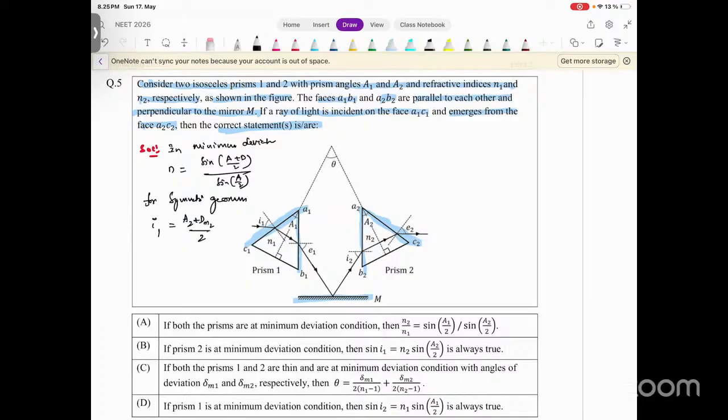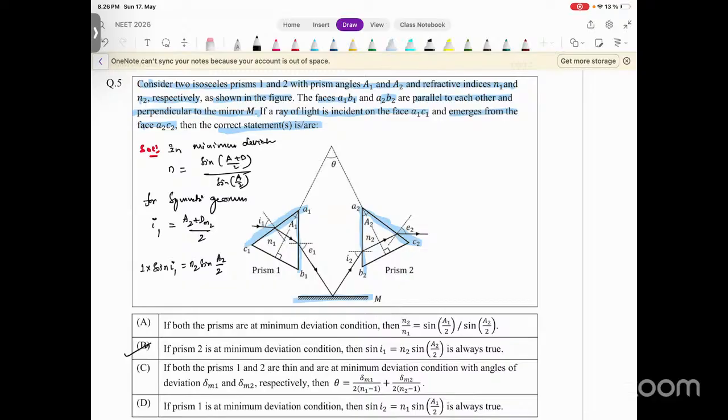Now if I'm applying Snell's law at the first surface, sine of I1, because you're going from the air, so it is 1 into sine of I1 is equal to N2 into sine of A2 divided by 2. So for prism 2, I1 will be equal to N2 into sine A2 divided by 2. So the second option looks correct to me. Right? So B is true for this one.